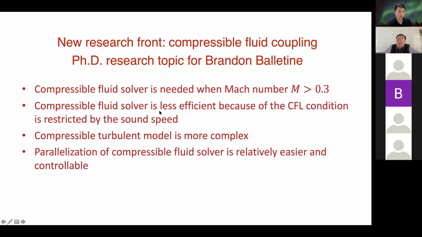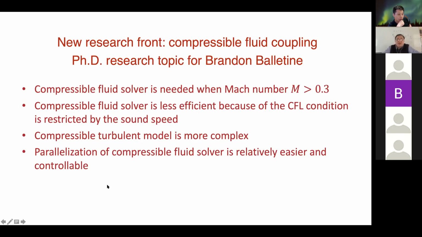The compressible fluid solver is less efficient because the CFL condition is restricted by the sound speed. Generally speaking, about 5 or 6 times more CPU time is required for the fluid solver. Also, the compressible fluid turbulence model is more complex.